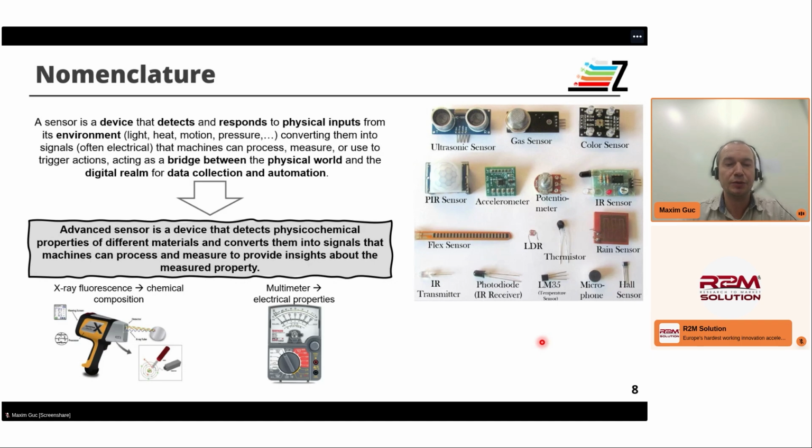Probably some of you use it or know about the existence of this type of gun, based on the X-ray fluorescence effect, and these guns can measure the chemical composition of the different types of materials that you can use. Or it can be a simple multimeter that really measures the electrical properties of the materials.